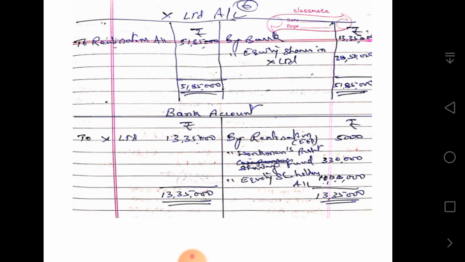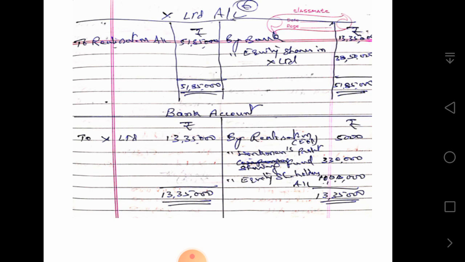So 51,85,000 is paid in cash as well as in shares. 13,35,000 rupees in cash covers liquidation expenses, workman's profit sharing fund and real cash put together, and the balance of 38,50,000 is paid in the form of equity as well as preference shares: 11 lakh rupees worth of shares to preference shareholders and 27,50,000 rupees worth of shares to equity shareholders. So X Limited's account gets closed.